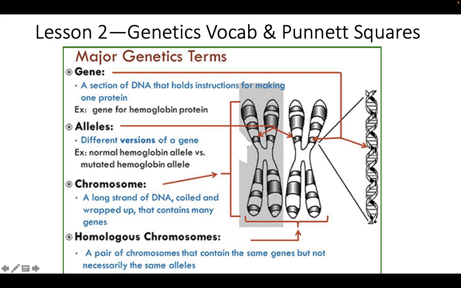So if these are a homologous pair of chromosomes, then in the same area on that chromosome, we might have coding for two different genes, which then passes on the traits. So the alleles are two different genes, and the combination of those two different versions impacts what our traits are.